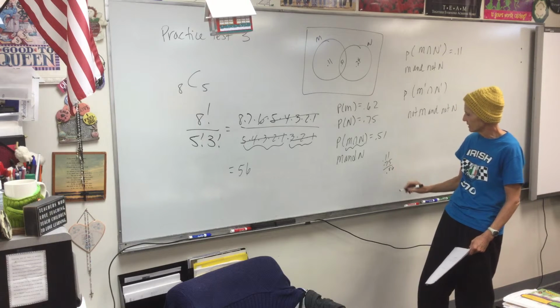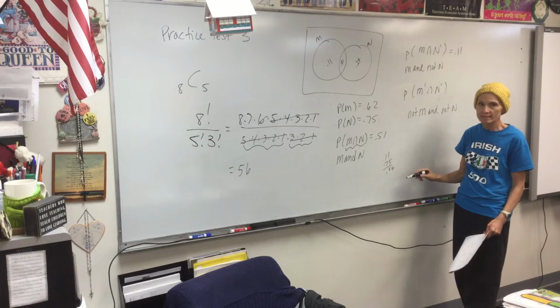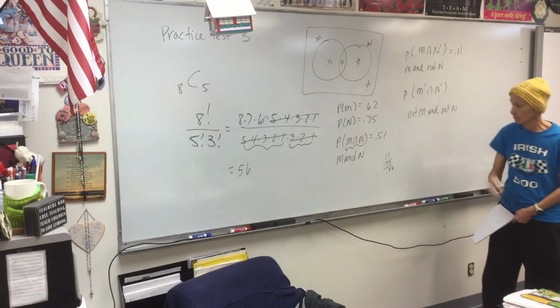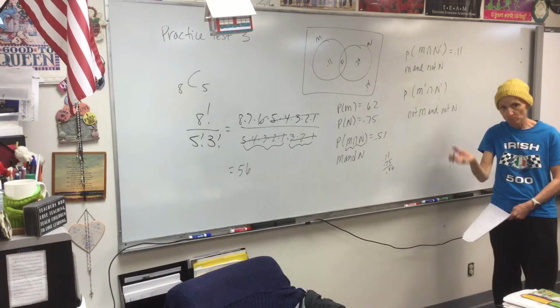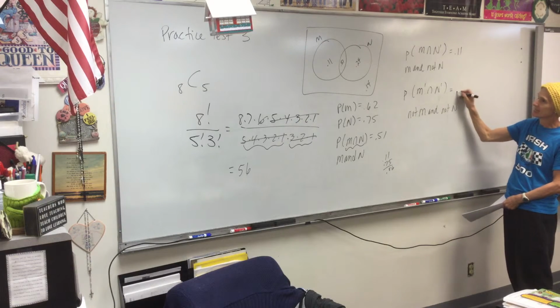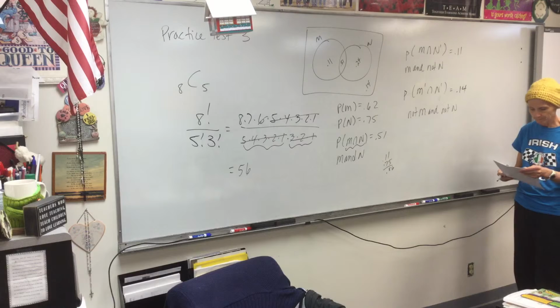So that's 0.86. So inside the circles, I have 0.86, which means outside the circles, I have to have 1 minus that, 100% minus 86%. So the probability of not being in either circle is 0.14.